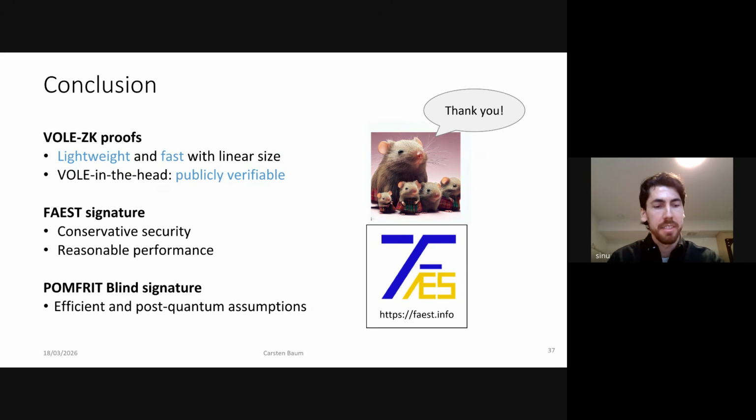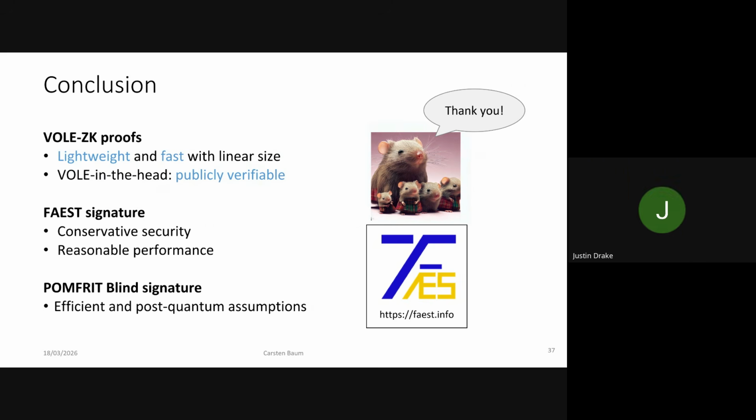Looks like Justin's got another question. Yeah, Carsten, just to give you a little bit of context on what we're doing with Ethereum. We want to move to post-quantum security, and we're going to have lots of transactions. For us, the number one scarce resource is bandwidth. So moving from 64-byte ECDSA to anything else is very expensive.